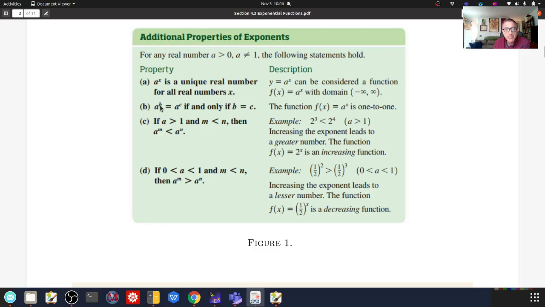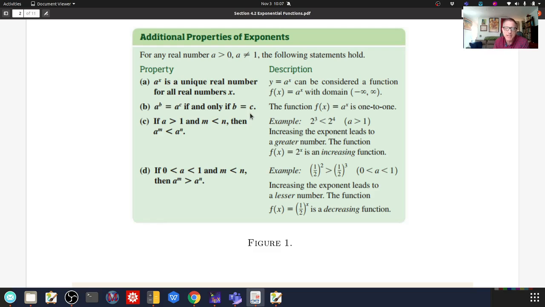If a to the b is equal to a to the c for some numbers b and c, then that means b is equal to c. That's if and only if. That's even stronger. a to the b is equal to a to the c if and only if b is equal to c. So that tells us that the function is a one-to-one function.